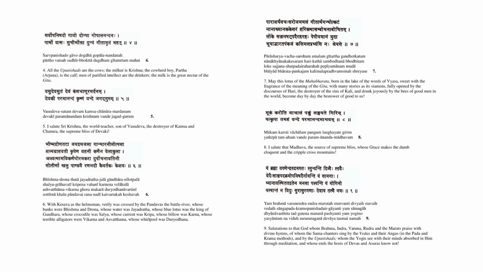So Bhishma Drona Tata, which is the Visheshana or adjective of Rana Nadi, is also in Prathama Vibhakti, Ekavachana, Strilinga. Bhishma Drona Tata means the one which has the banks of Bhishma and Drona. Okay, is Tata a Strilinga? Yes, Tata is Strilinga, not Tata.